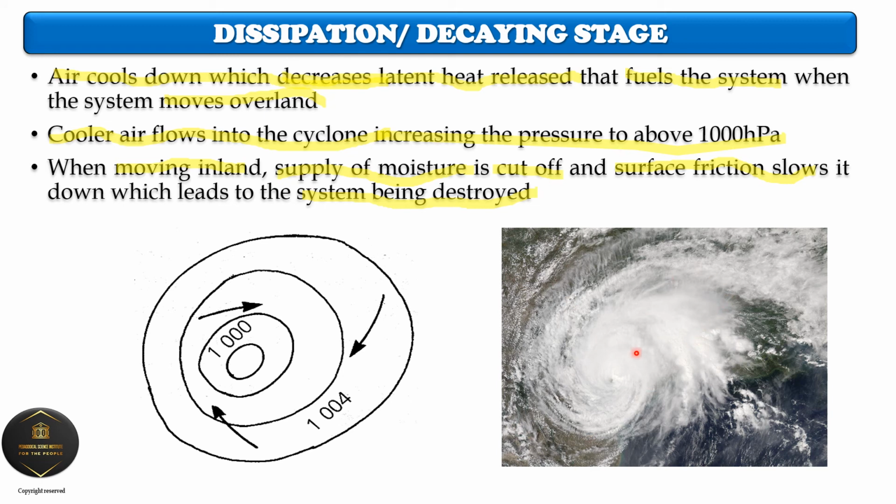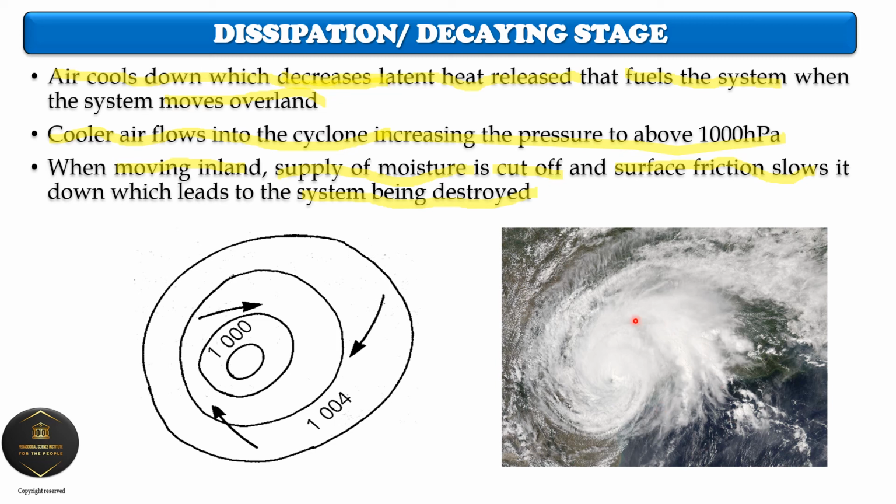So in this case, you'll say the dissipation stage or the decaying stage is more or less similar to a satellite image of the immature stage or the formation stage as well. Let's say the image is more similar to the immature stage, due to how the clouds will be, because the eye is not fully developed, so it's been destroyed.